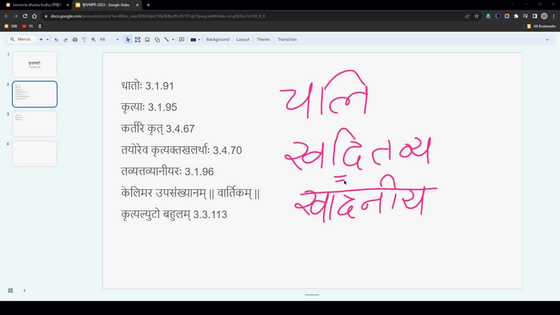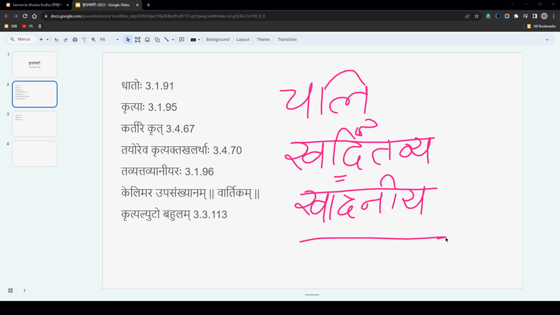So what are we seeing here? The extra E, an addition, is coming here. This is an idagama, a pratyaya that adds the E sound between the dhatu and the tavya pratyaya, khaditavya.